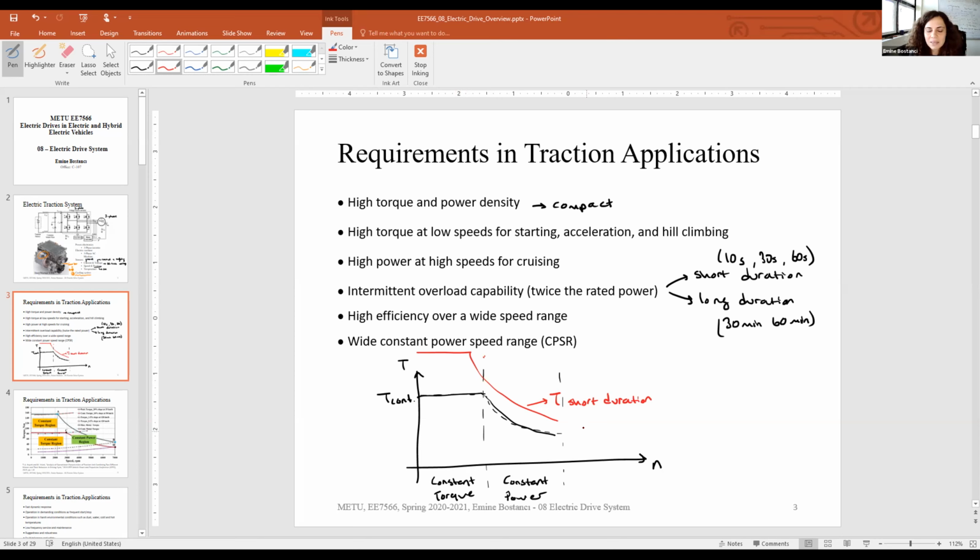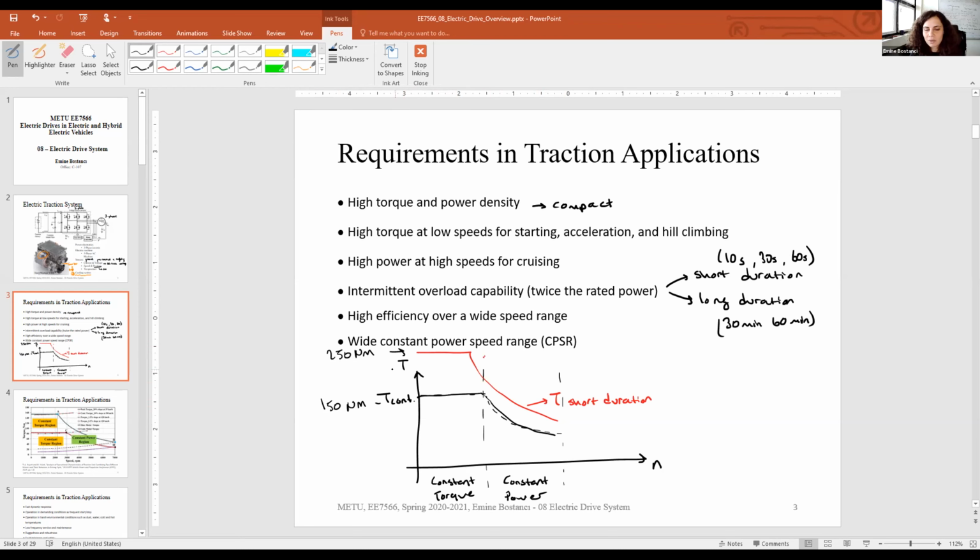If you have 150 Newton meters continuously, this will be enough for regular driving. And you may need 250 Newton meters just for a short time. As you were doing in your projects, for acceleration you need 10 seconds, and it is enough if you have this red curve just for 10 seconds for a good acceleration. Or if you want to overtake a car, it will take 10 seconds. You don't overtake a car in minutes.